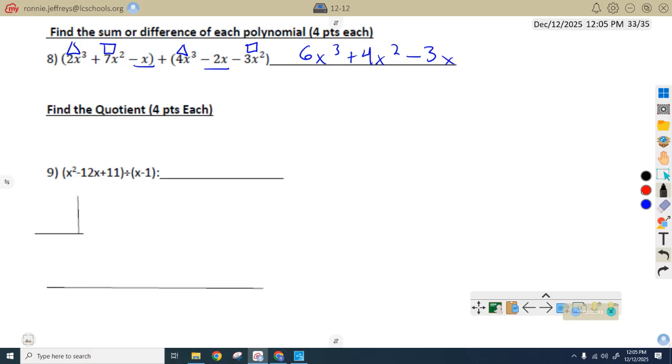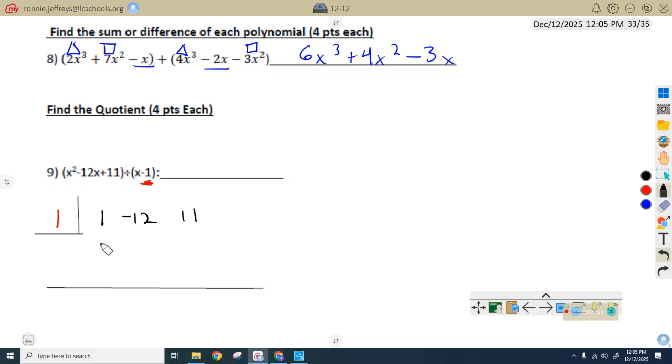All right. I hope this one works out because I think some of these problems I was just making up as I put them in here. All right, so remember we put the opposite, which is positive 1. And then 1, negative 12, and then 11.